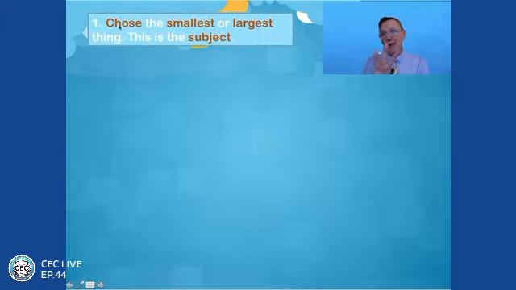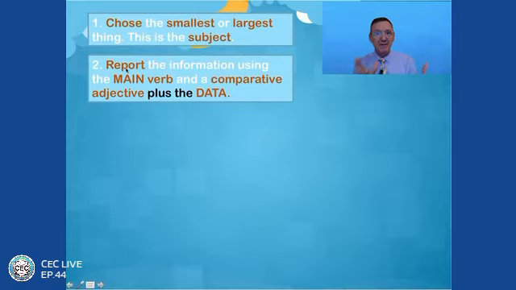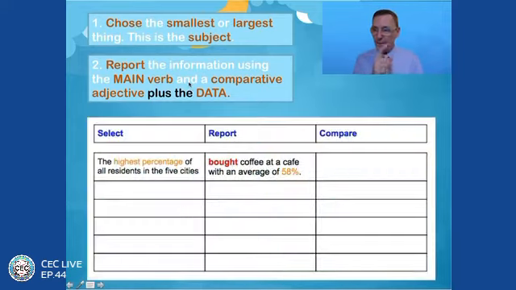There are 3 steps. Step 1, select the smallest or the biggest thing on the graph. That usually becomes your subject, the percentage of this big thing. Number 2, select a verb. This becomes your report. Select a verb and continue the sentence with data.